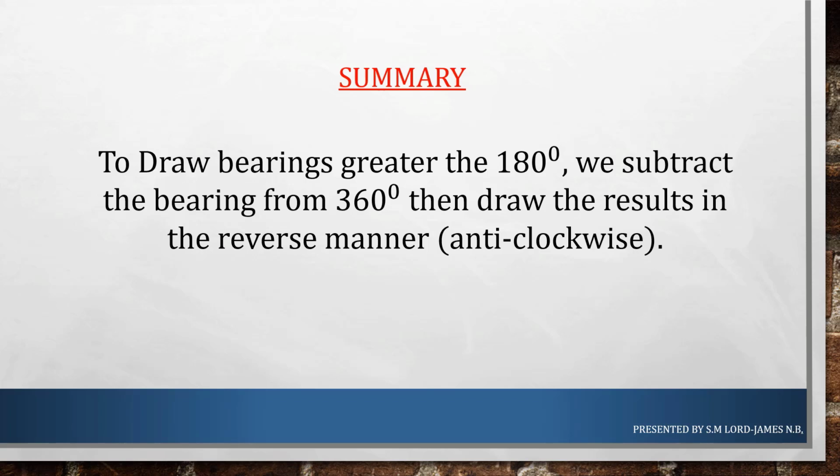To draw bearings greater than 180 degrees, we subtract the bearing from 360 degrees, then draw the result in a reverse manner, that is, anti-clockwise. Remember, to draw bearings, we always leave from the north line in a clockwise direction.